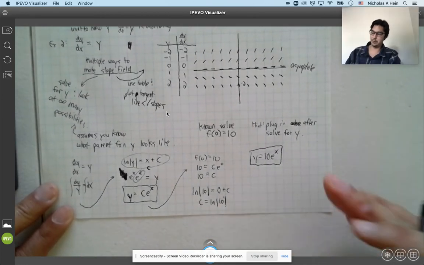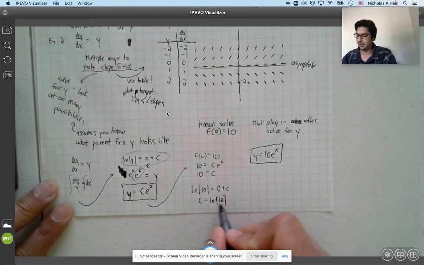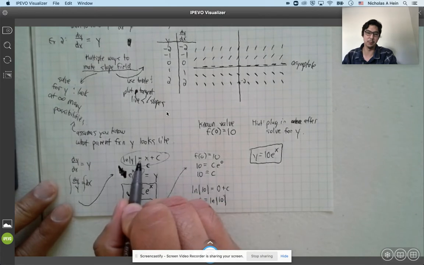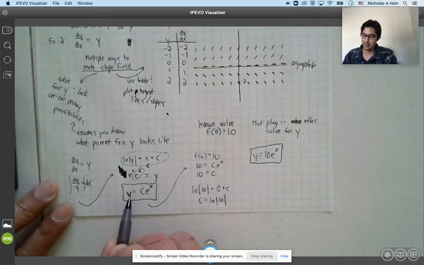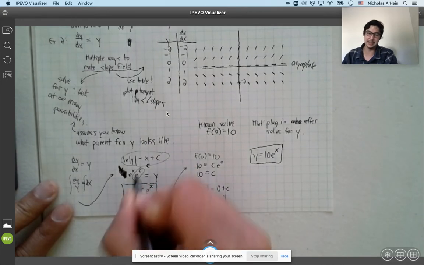Now, I hope I didn't misconstrue it, but it's not necessarily wrong. But the idea is that if c equals natural log of 10, this is the value of c for this function y. It's not necessarily the value for this function y, because what happens here is in this function y equals c e to the x, we made c e to the c.